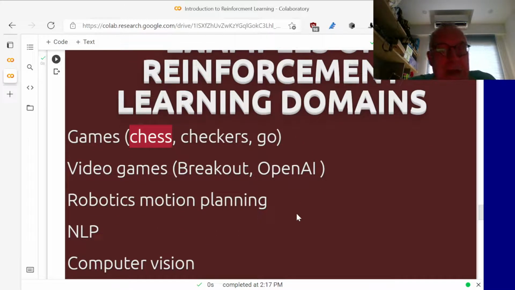Robotics motion planning. Now reinforcement learning is a very hot topic in that particular area. Programming good motions for a robot to perform certain actions is a difficult problem. So it's very enticing, it's very nice if you're able to just train the system rather than having to program it.